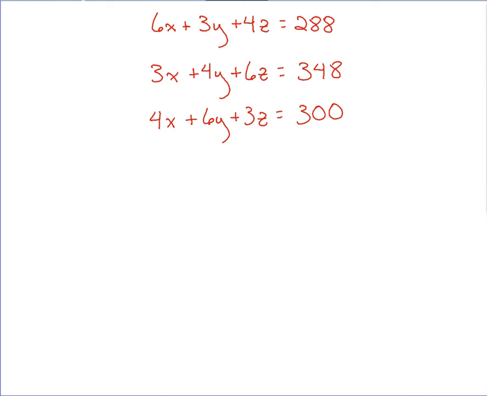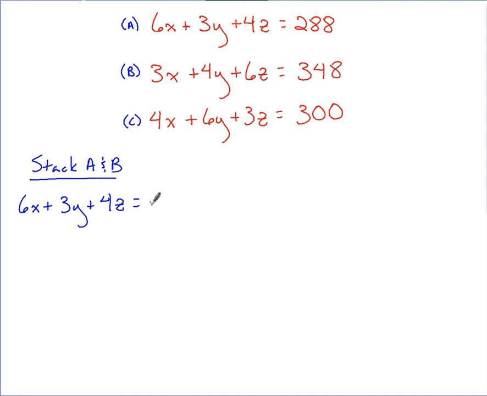So if I call this equation A, equation B, equation C, I'm going to play with A and B. I'm going to stack A and B over here. You've got 6x plus 3y plus 4z equals 288. That's your A. And you've got 3x plus 4y plus 6z equals 348. That's your B.